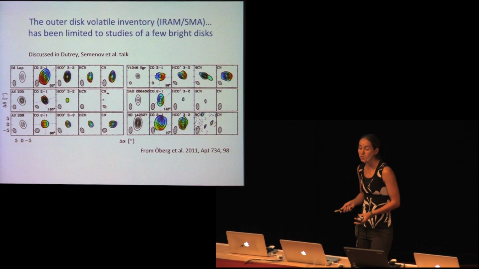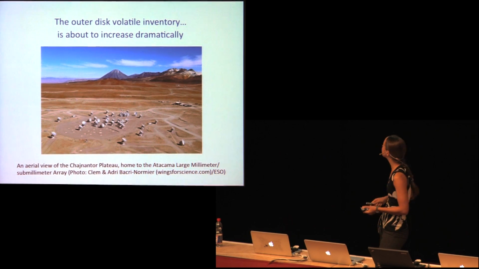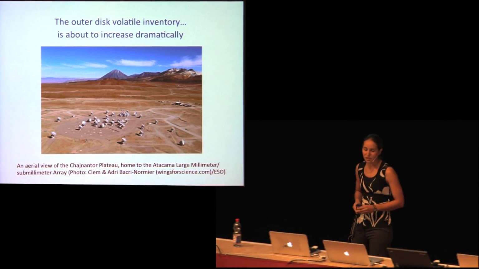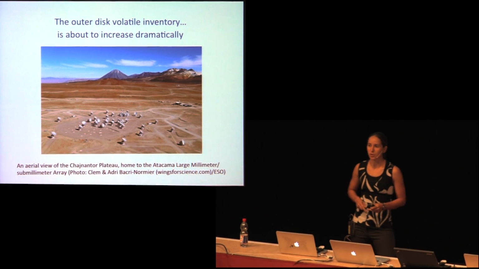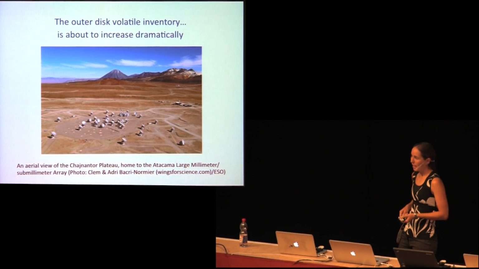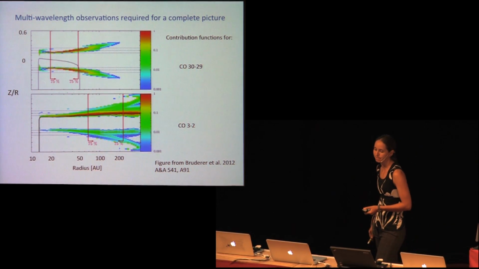In addition, it's probably biased because it is, unfortunately, currently just the most massive disks. However, that's going to change in the very near future, and so I predict that PP7 will have a lot of information about volatiles as studied with ALMA.